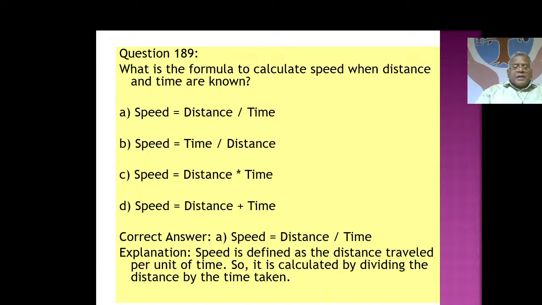Speed equals distance by time. Very simple, no? Three formulas you can get from this. Speed is defined as the distance traveled per unit of time, so it is calculated by dividing the distance by the time taken.